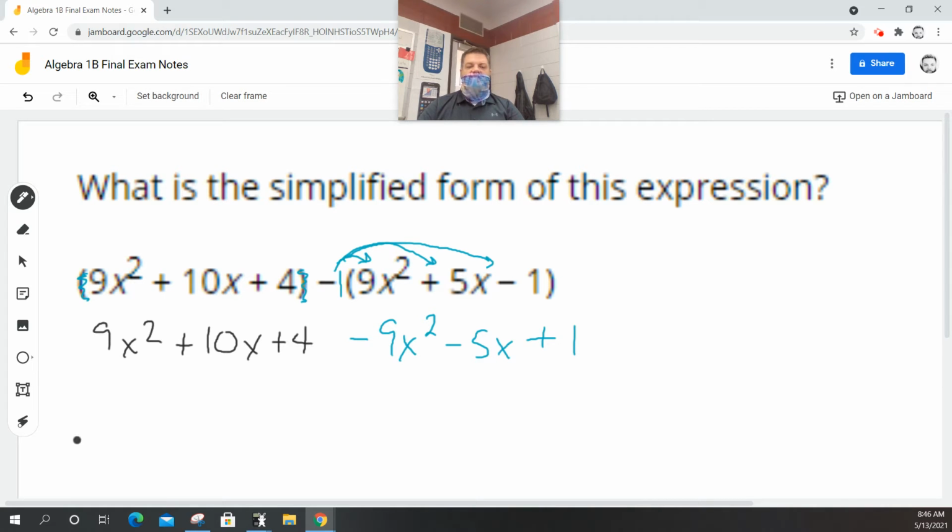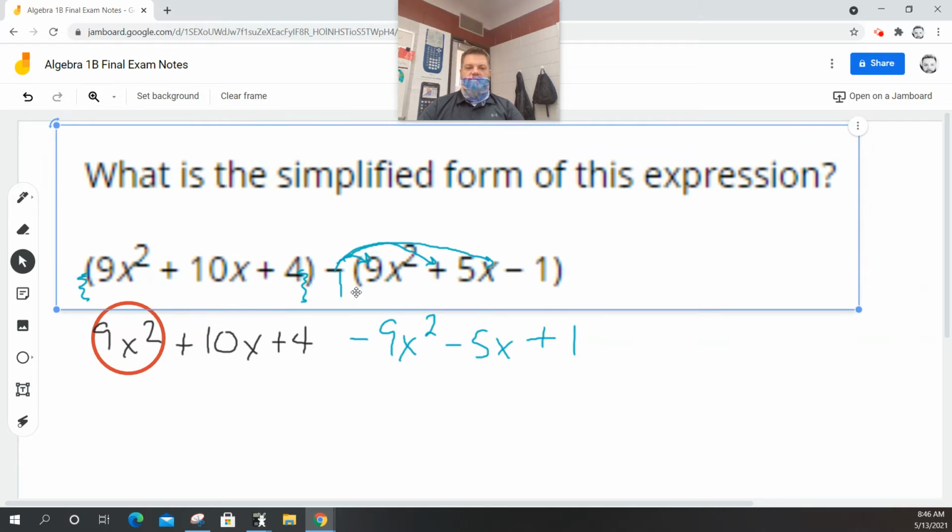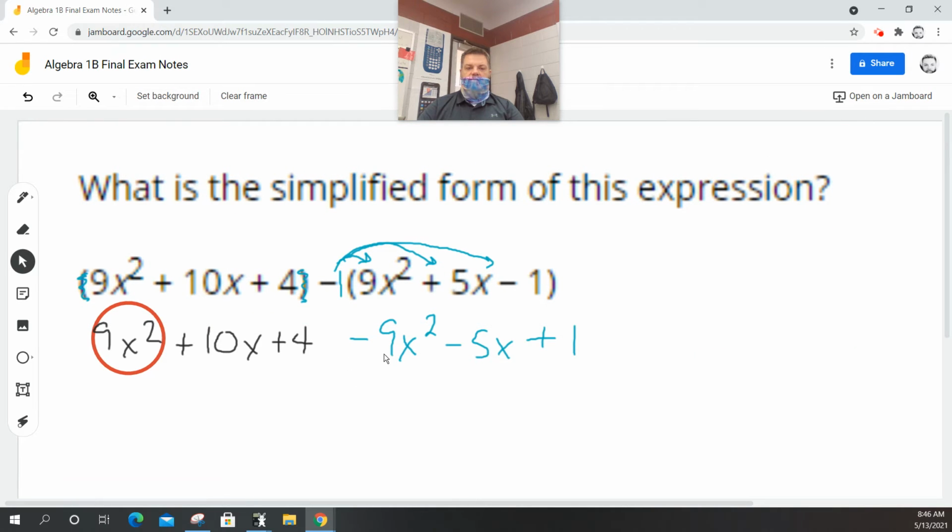So now I've got a bunch of stuff. Okay. So what I'm going to do is focus on my like terms. I've got an x squared here, and I've got a 9, and I've got an x squared here.